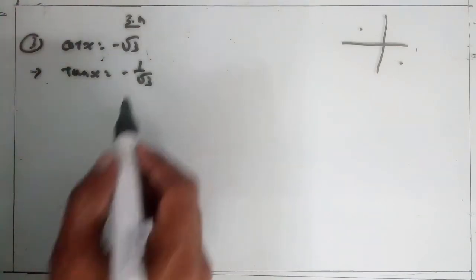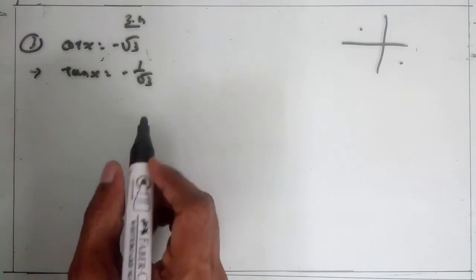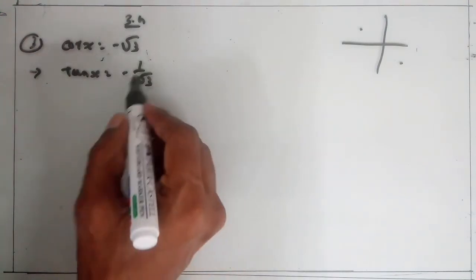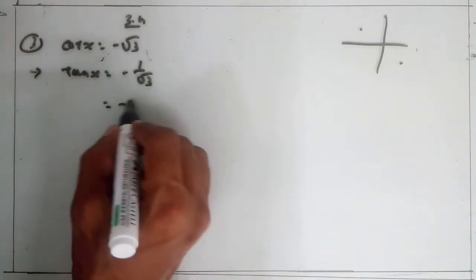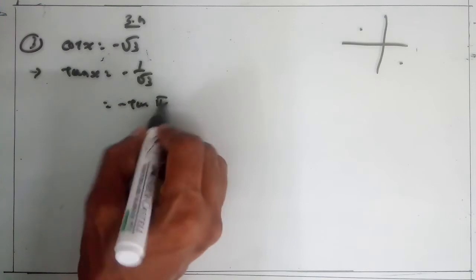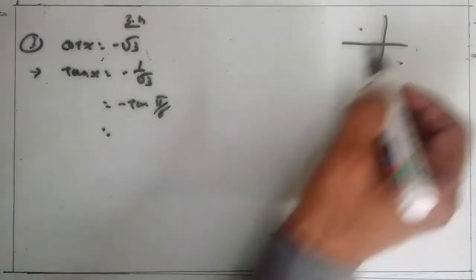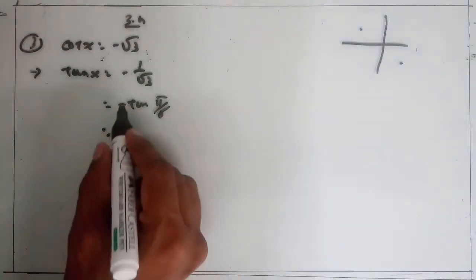Tan pi by 6 is equal to sin pi by 6 upon cos pi by 6. Sin pi by 6 is 1 by 2, cos pi by 6 is root 3 by 2. So we get 1 upon root 3. So tan x is equal to minus tan pi by 6. Clear? Now change into the second or fourth quadrants.